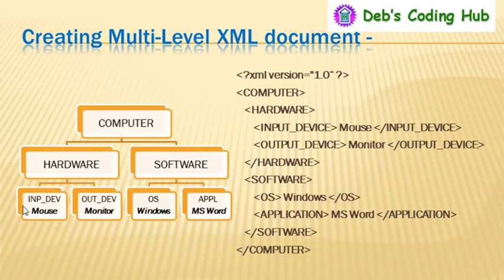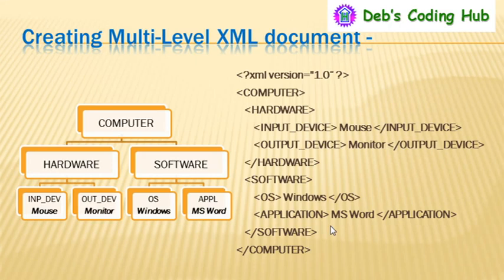Inside hardware, because two more children are there, I put input device, then mouse, then output device and monitor as the value. Similarly, after closing hardware, I started software. Then I have written OS, the first child, value is Windows, OS is closed. Then application, MS Word, then application is closed, then software is closed.